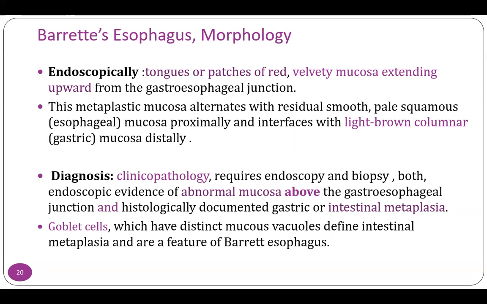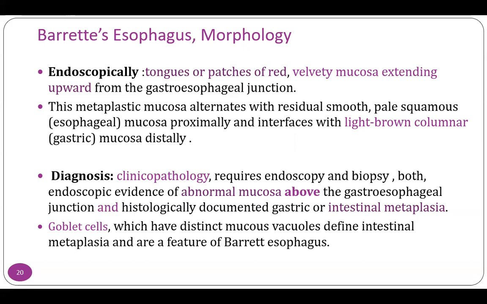As I said, the pathology of Barrett esophagus is the transformation of the squamous mucosa into columnar mucus producing mucosa. So what we see in the endoscopy are tongues or islands or areas of light brown, dark, red mucosa within the squamous mucosa. So areas of the squamous epithelium transforming into columnar mucosa.